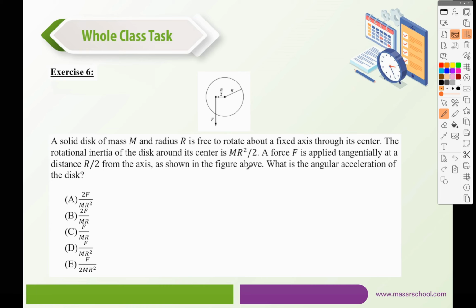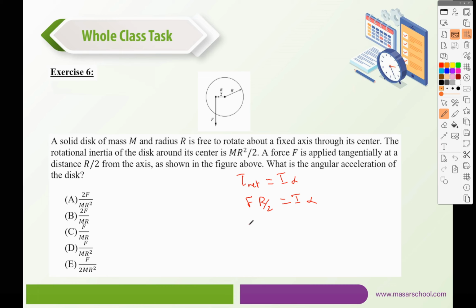And this can be determined by implementing Newton's second law. Tau net is equal to I multiplied by alpha. For sure, the disk has the mass. It will be subjected to the pull of gravity and the reaction to the pivot, but they produce no torque. So that would be the torque produced by the force F, which is given by F multiplied by r over 2 because it's being applied at this point, and that would be I multiplied by alpha.